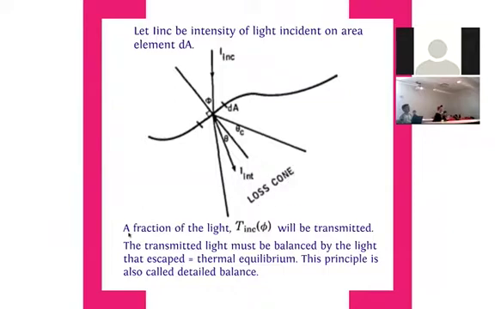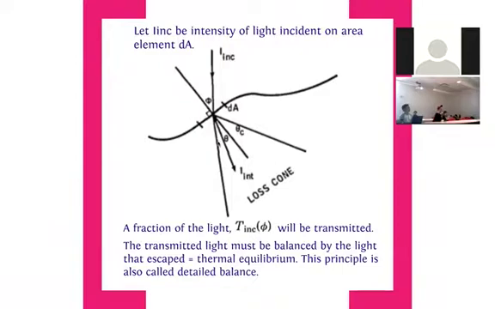A fraction of the light, T of the incident angle phi, will first be transmitted into the system. This transmitted light must be balanced by the light that escapes the system, because this is under thermal equilibrium. We are going to apply this principle, which is referred to as detailed balance.